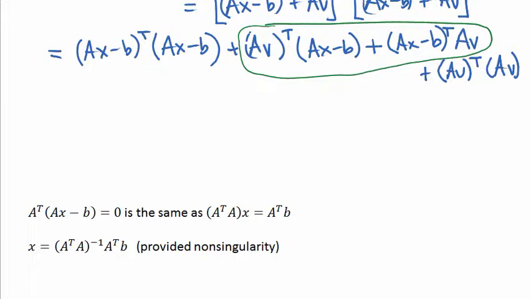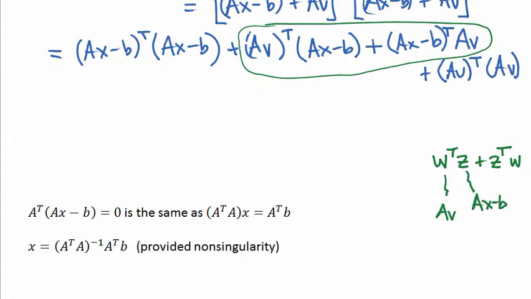So what we have is the inner product of an m vector with an m vector. In other words, it has the form of W transpose Z plus Z transpose W. Right? So W would be AV and Z would be AX minus B.